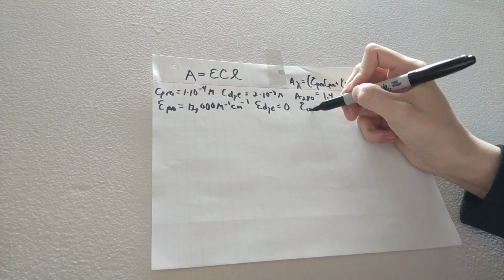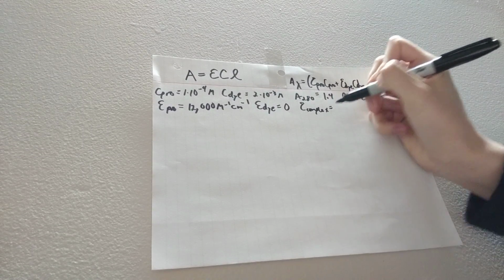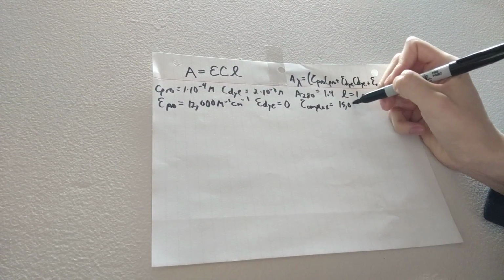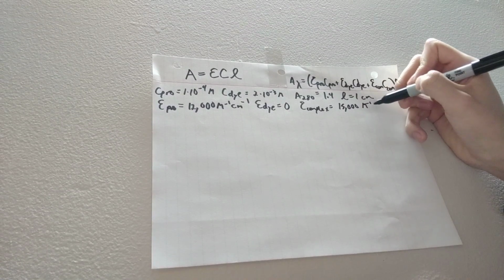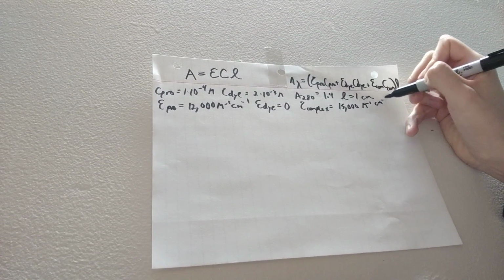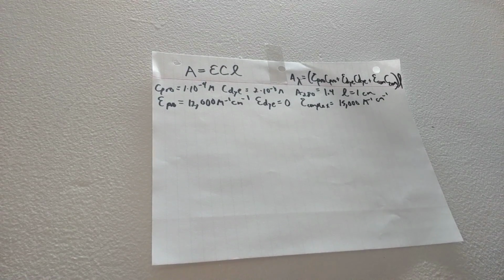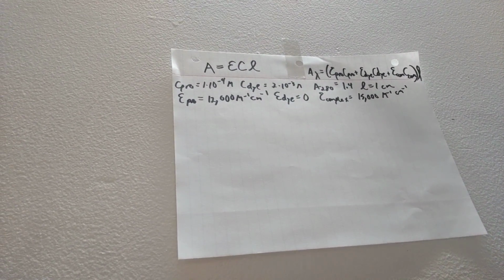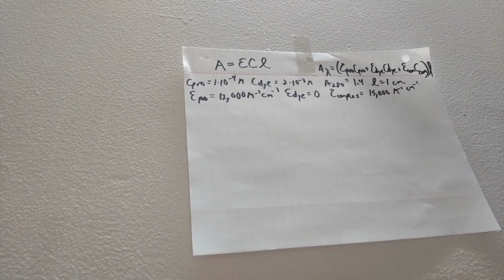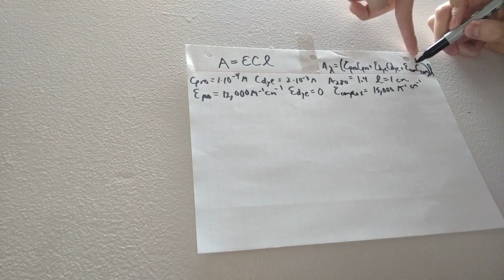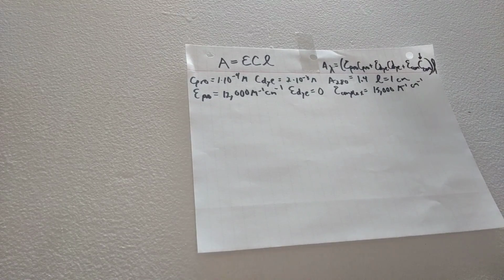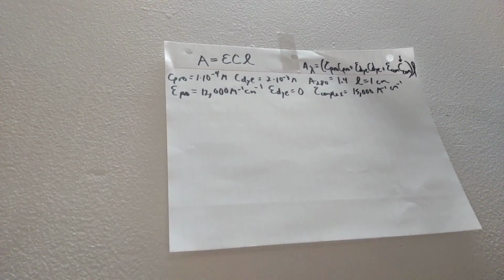Extinction coefficient of the complex is equal to 15,000 per molar per centimeter. So, all I have to do now is plug in all the numbers and solve for the concentration of the complex right here. So I'm going to do that right now.